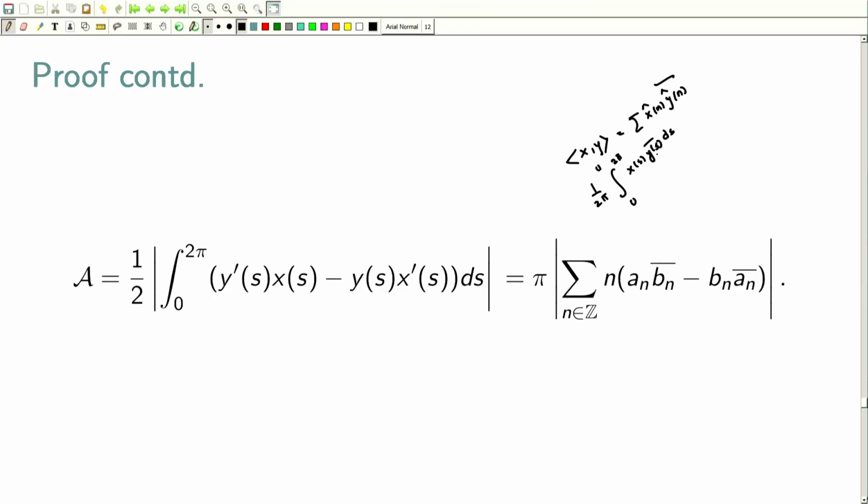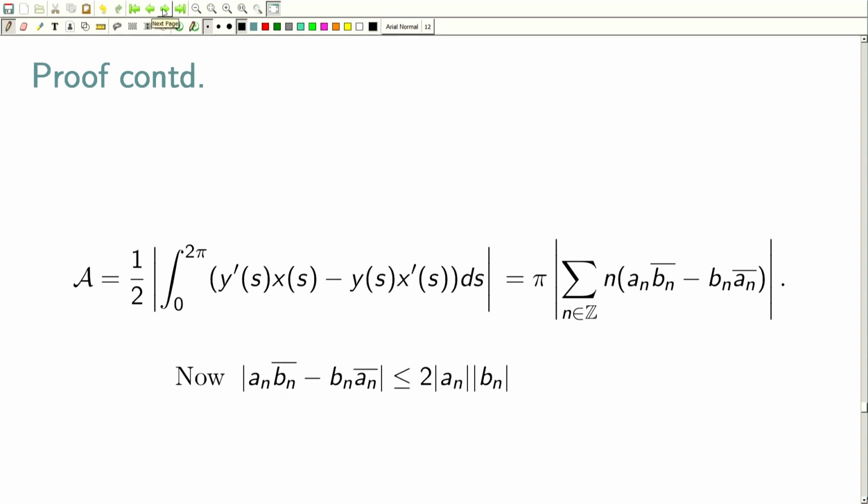Now, if we have a bar there, you are going to get the bar, and the i factor comes out, so the mod is going to kill your i. What you are left with is a n b n bar, because this is real valued. So y prime of s bar is equal to y prime of s, and then this is b n minus a n bar.